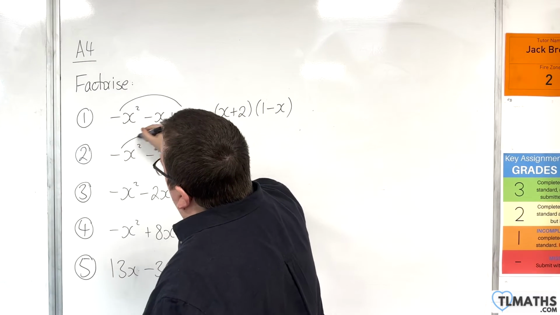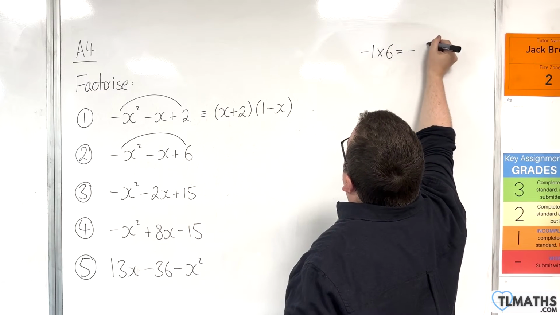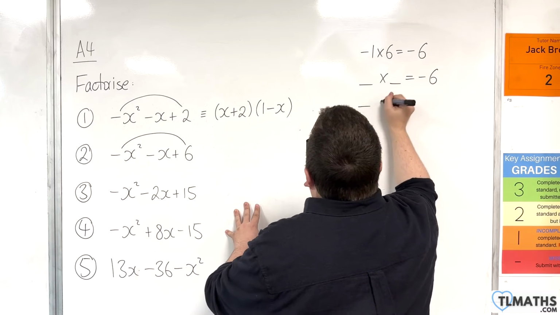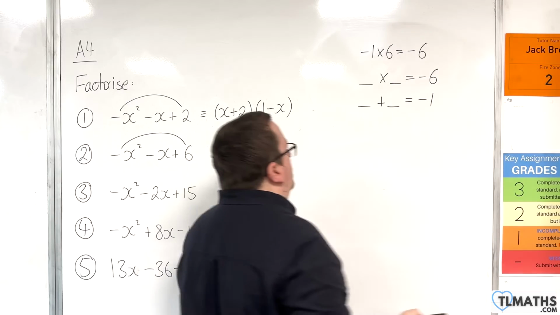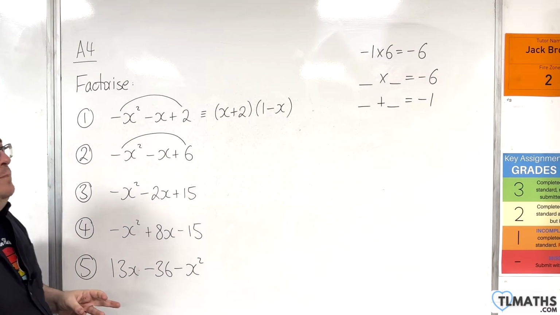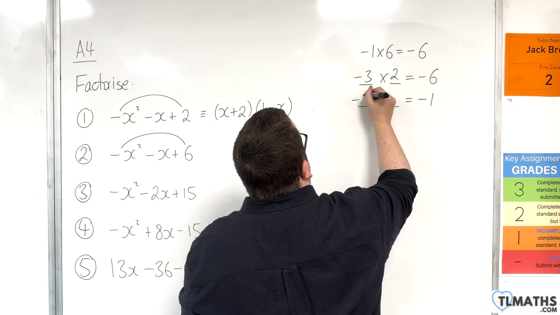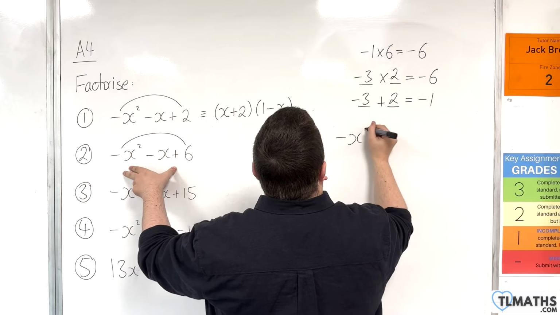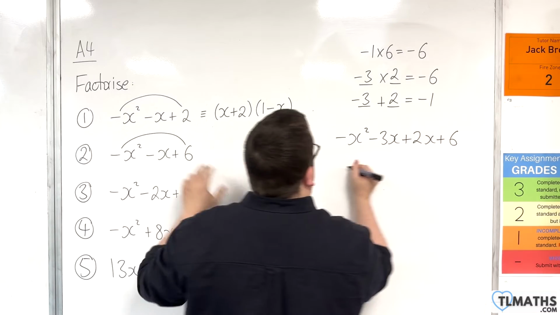So first of all, multiply the minus 1 by the 6. So minus 1 times 6 is minus 6. So we're looking for two numbers that multiply together make minus 6, but add together to make minus 1. Okay, so that would be minus 3 and 2. So minus x squared, take away 3x plus 2x plus 6.